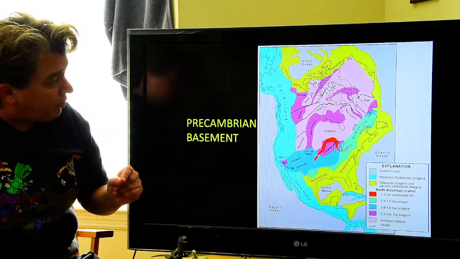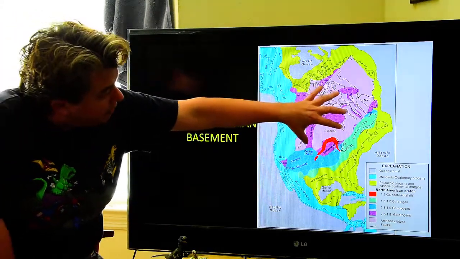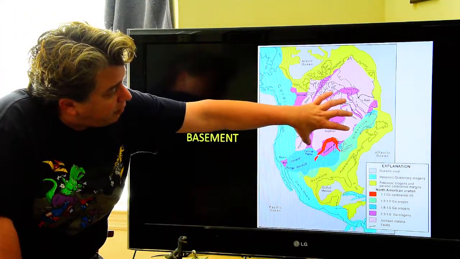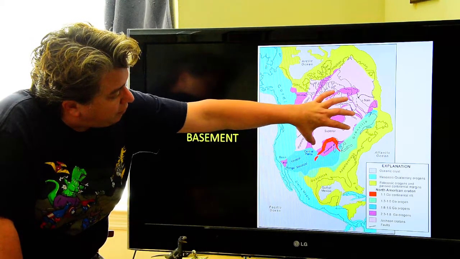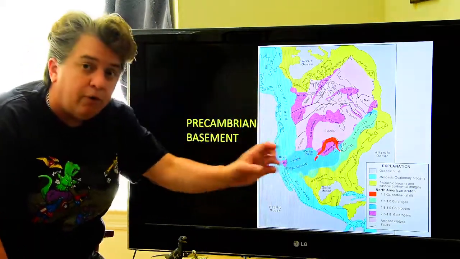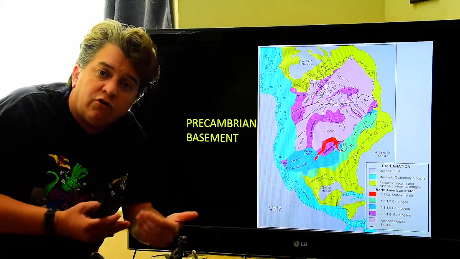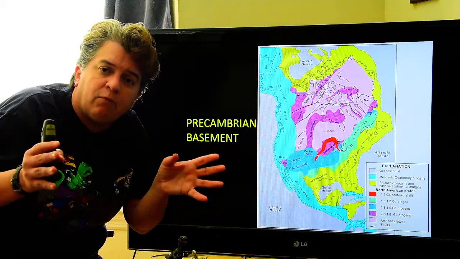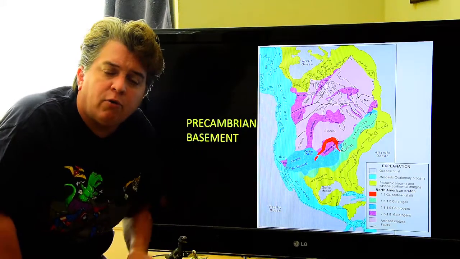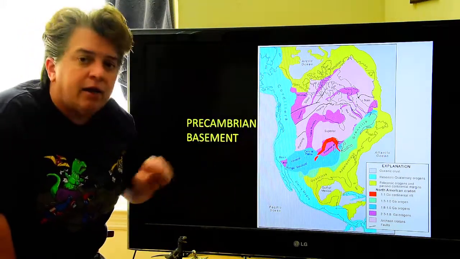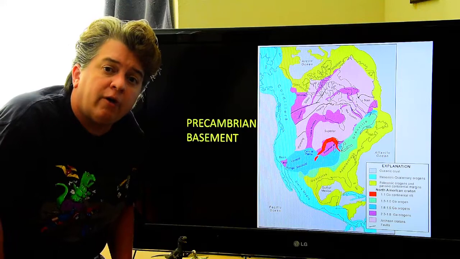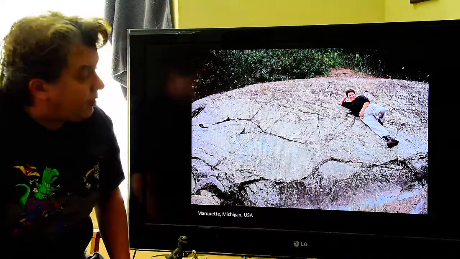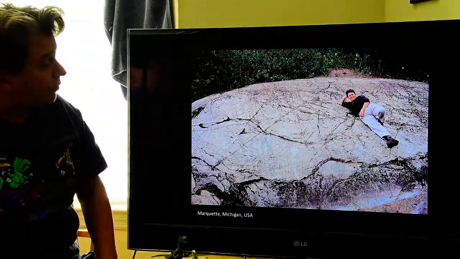But just remember, the original area is those granite gneiss complexes and greenstone flows up here, and then through more and more subduction and orogeny, more of those basement rocks that make the foundation of North America were added over time during the Archean and ultimately Proterozoic.